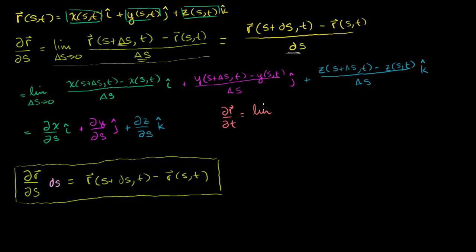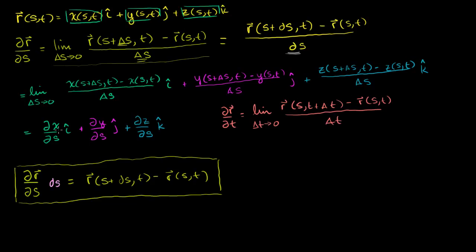The limit as delta t approaches 0 of r of s, t plus delta t minus r of s and t. In this situation, we're holding the s, you can imagine it, constant. We're finding its change in t, all of that over delta t. And the same thing falls out.